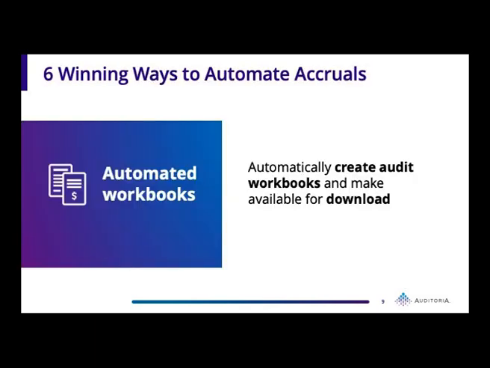The third winning way to automate is through automated workbooks. Typically, when you're going about making your accruals, you enter the entry into the ERP, which is only one step of the process. You also have to create some sort of supporting documentation so that you can back up your estimates when auditors or other team members might come and ask questions.